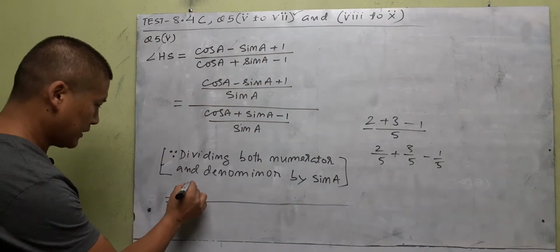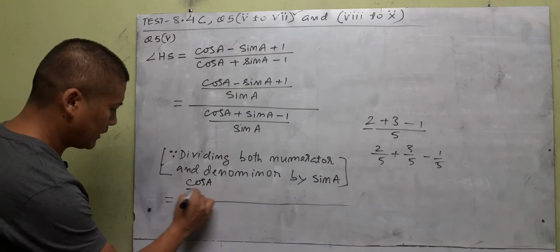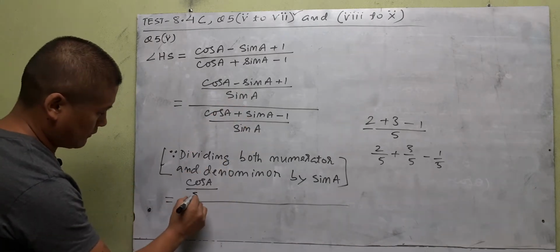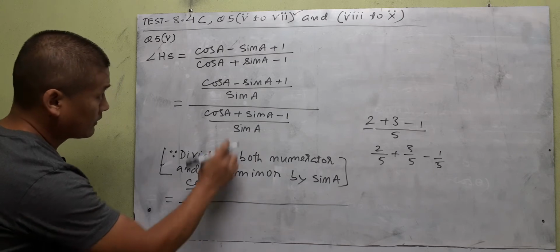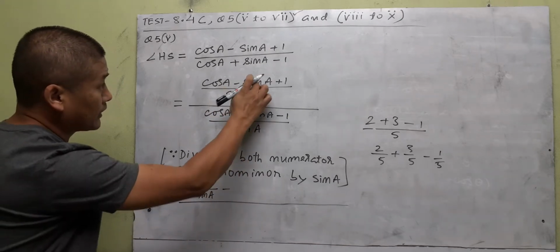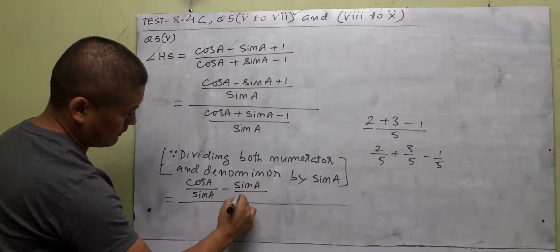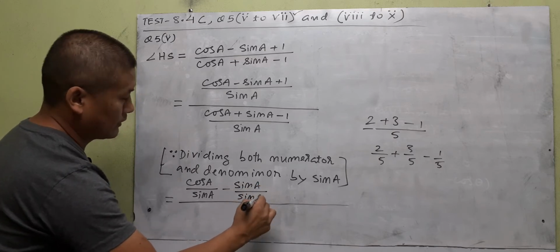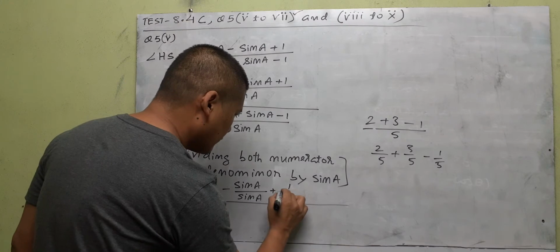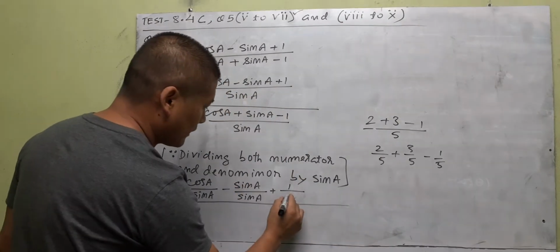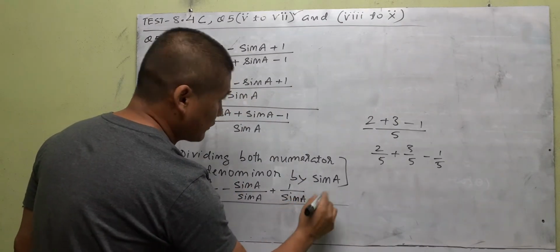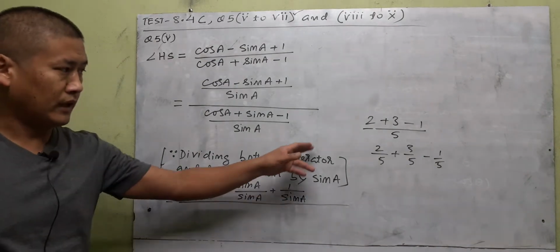Similarly, let us do the same thing here. Cos A by sin A, then minus sin A by sin A, plus 1 divided by sin A. That's what we mean by doing it like that.